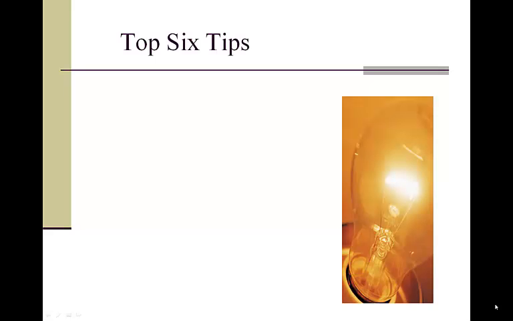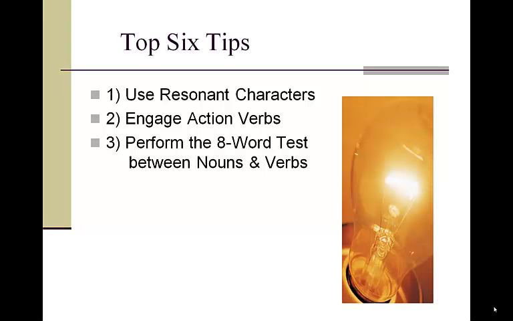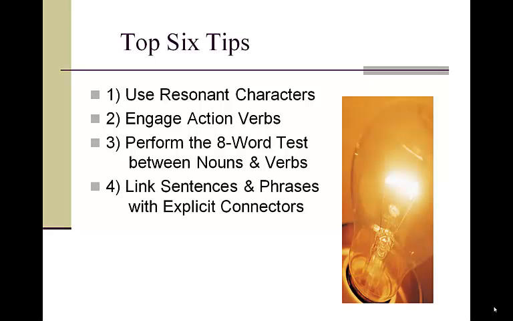So here are the top 6 tips. Number 1, use resonant characters, characters that will resonate with your reader. 2, engage action verbs that will propel your reader through the text. Number 3, perform the 8-word test between nouns and verbs so it's clear who is doing what. Number 4, link sentences and phrases with explicit connectors so your thoughts have a clear flow throughout the document.